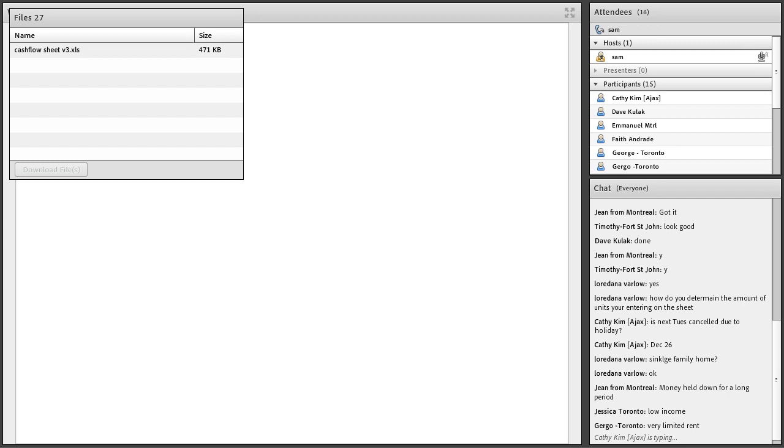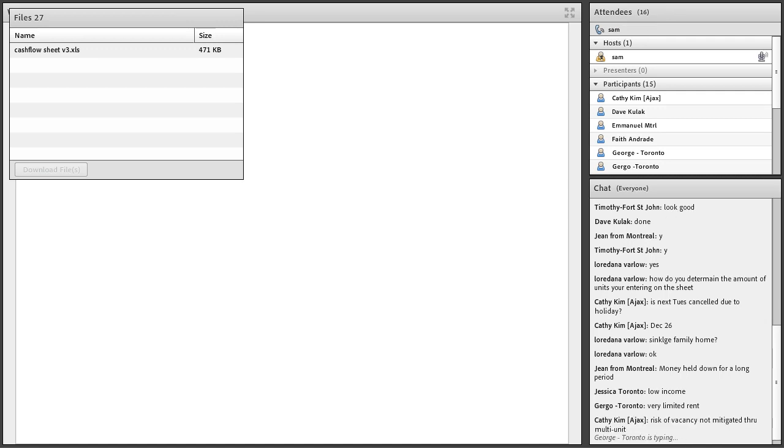Limited rent, yeah, you're onto it. Risk of vacancy might be mitigated through multi-unit. It will be absolutely through that.